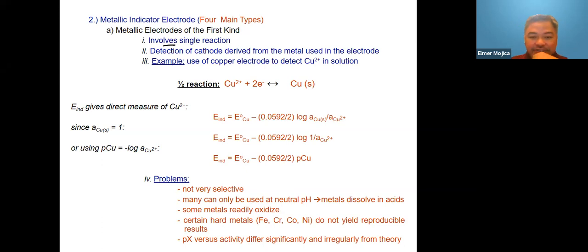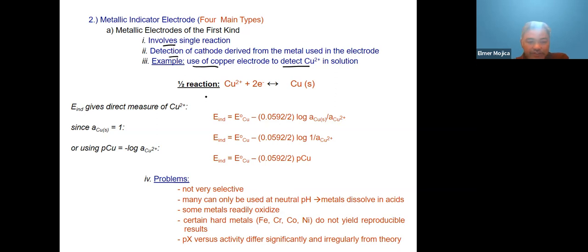Okay, so makikita rin dito yung detection of the cation derived from the metal used in the electrode. So yung electrode mo, same kind doon sa analyte mo. Use of copper electrode to detect the copper 2+ in the solution.